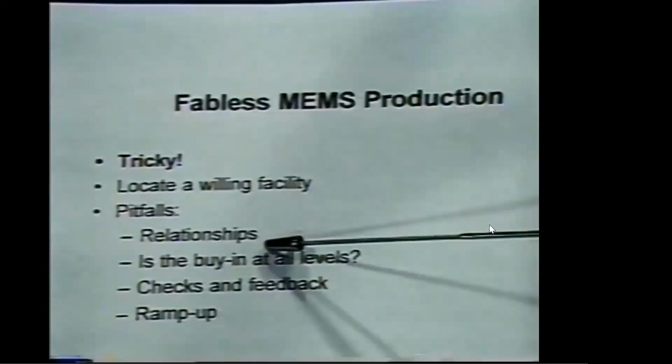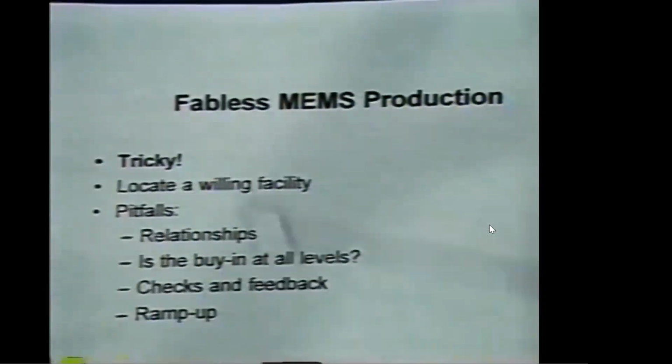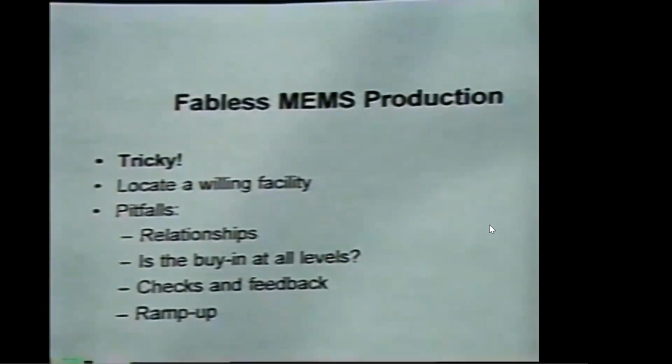Let me talk about some of the pitfalls that we had with the other fabs that didn't work out so well. The first thing that I need to point out is that no matter what contracts are in place, really what determines whether or not this relationship will work is the actual relationship between the people. Sending a process outside of a company to be done elsewhere is sort of like sending a recipe for a cake to be done at your neighbor's house and trying to tell them over the phone what to do.